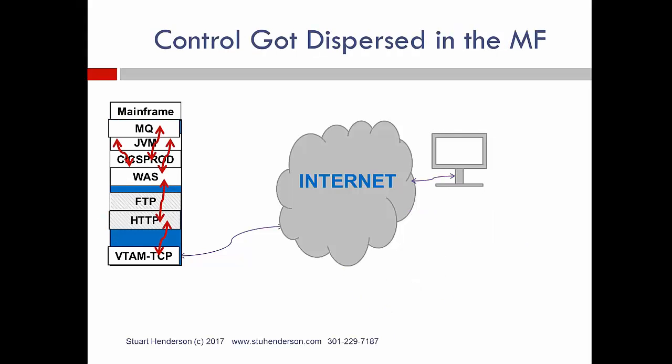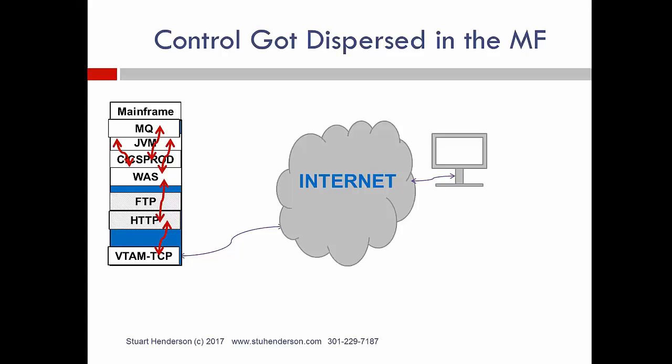We have a third place where control got dispersed. That's in the mainframe itself. Because now we have configuration files and administration and administrative staff for VTAM, TCP/IP, the HTTP daemon, WAS, FTP, the Java virtual machine, the Java programmers, the COBOL programmers, the MQ administrators, and so on.